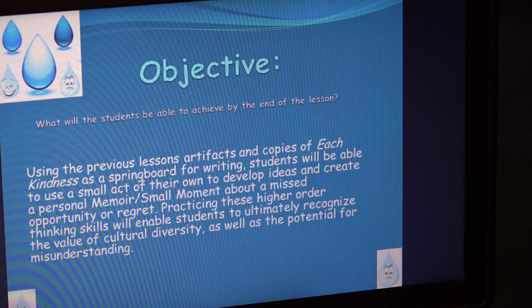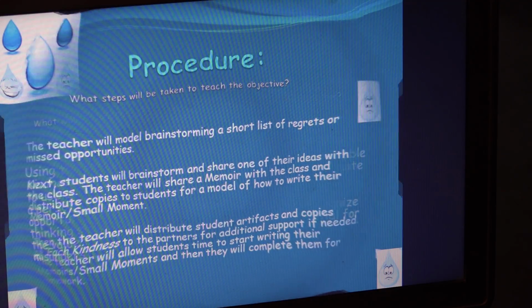And this story would be our springboard for writing. Students will understand ultimately the value of diversity and accepting each other, and also recognize how we can have misunderstandings through our actions or inactions.